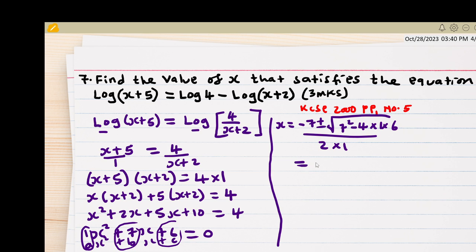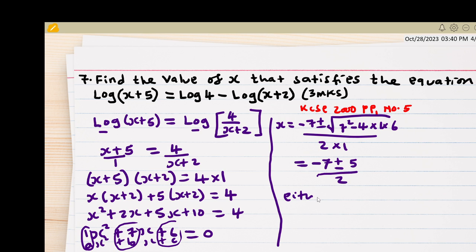So that means x will be negative 7 plus or minus, let me use my calculator. 7 squared minus 4 multiplied by 1 multiplied by 6, I'm going to get 25. The square root of 25 will be 5, then divided by 2.